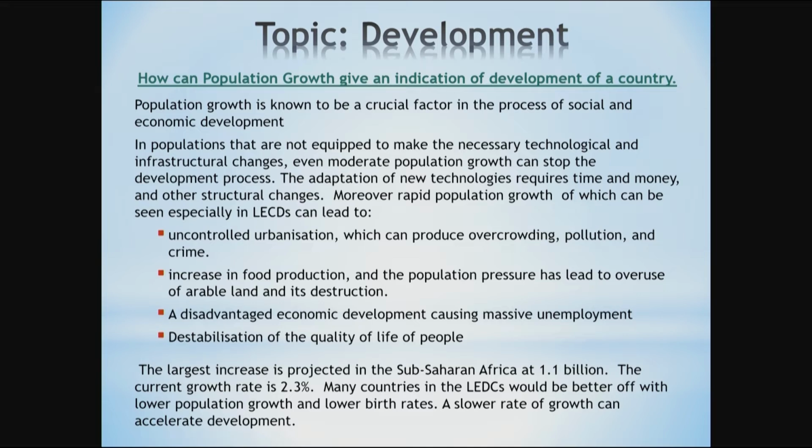So these countries in the LDCs, if the rate of growth is decreased, then they can accelerate their development. So all the things we've discussed about uncontrolled urbanization, disadvantaged economic development, etc., these things can be improved.